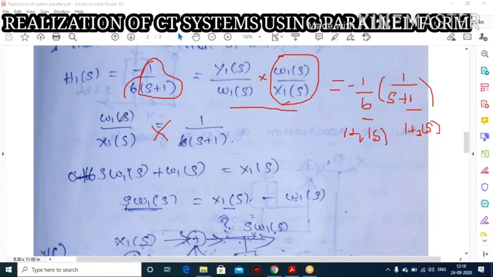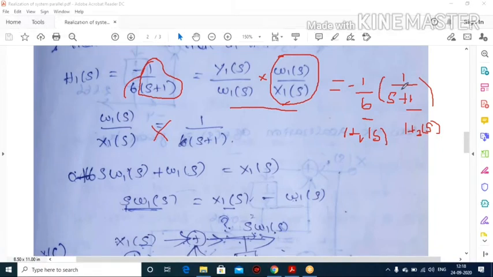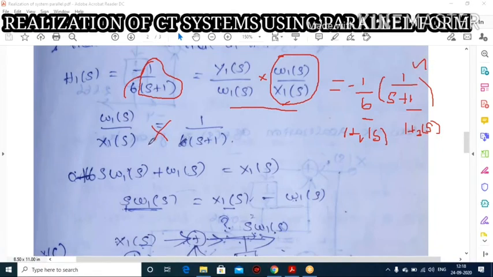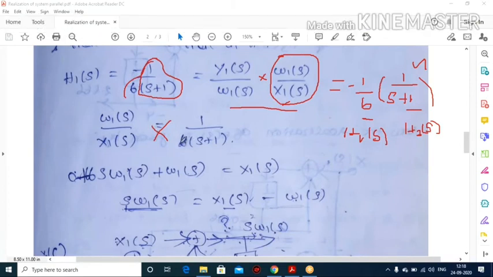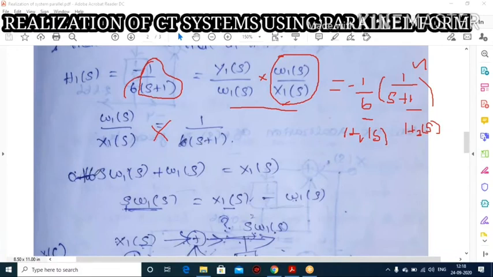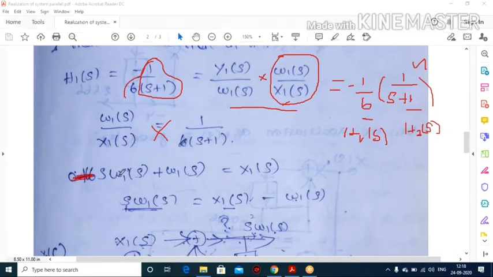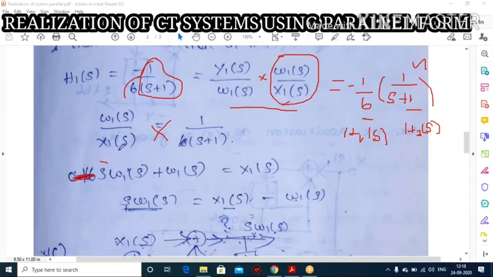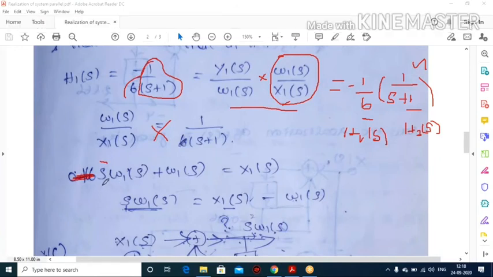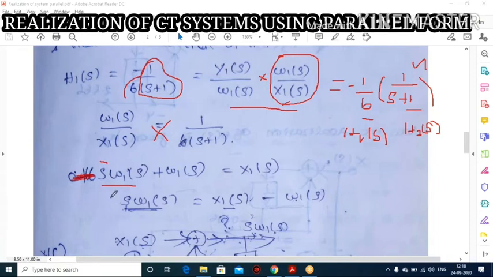So H2 of S is W1 of S divided by X1 of S equal to 1 by S plus 1. Right? So now what will happen? When you cross multiply these two terms, S into W1 of S plus 1 into W1 of S equal to X1 of S. From this equation, you keep S into W1 of S as the left hand side.